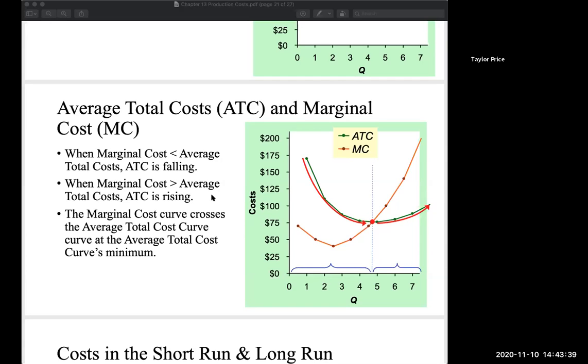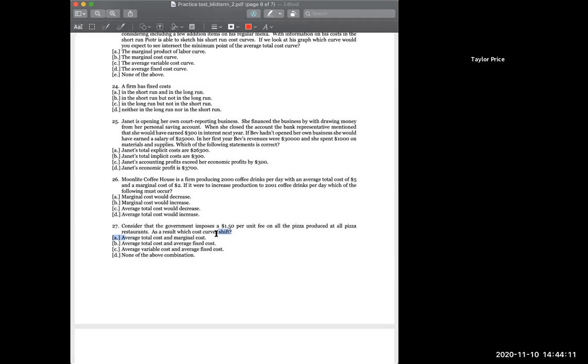So the first thing that you know is because it is a per unit fee, it is not going to impact fixed costs. So anything that has fixed costs in it, you can eliminate right away. So you can eliminate in this case answer B and answer C, because answer B and C both have fixed costs. And so because of that, you're only left with answer A or answer D.